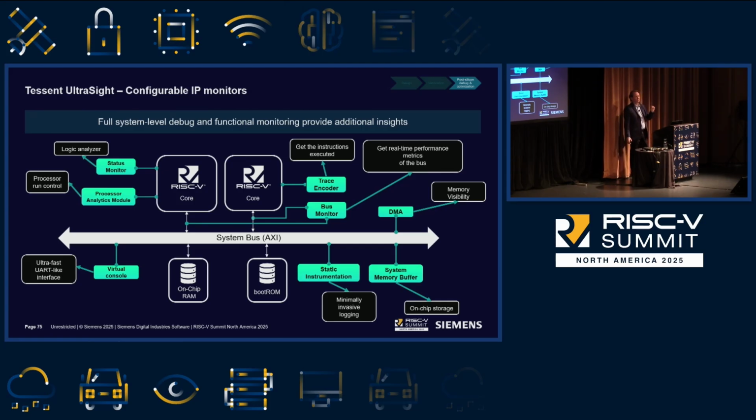But there are more general-purpose instruments like the status monitor, which is basically an embedded logic analyzer, and instrumentation that allows you to do logging and interface with the system, giving you a UART-like type of interface. So this is very flexible and configurable, but again, part of the solution here is the automation that allows you to configure this right for your design.